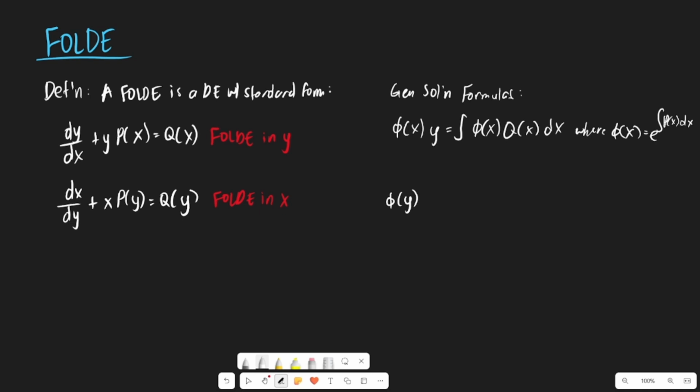For the FOLDE in x, we have functions of y, so we start the formula like this: function of y, phi of y, times reverse y, so that's x, is equal to the integral of phi of y q of y dy, where phi of y is equal to e raised to the integral of p of y dy.